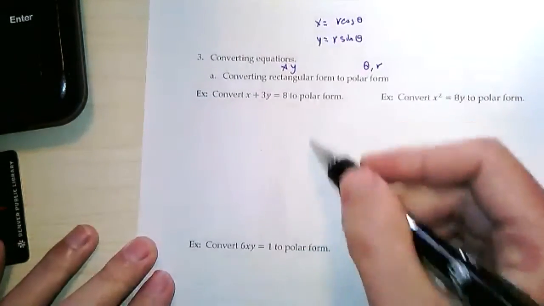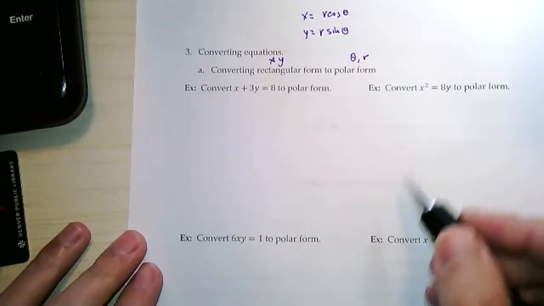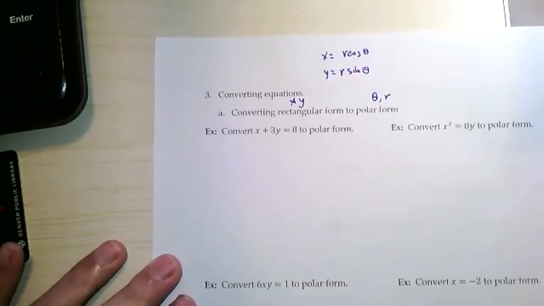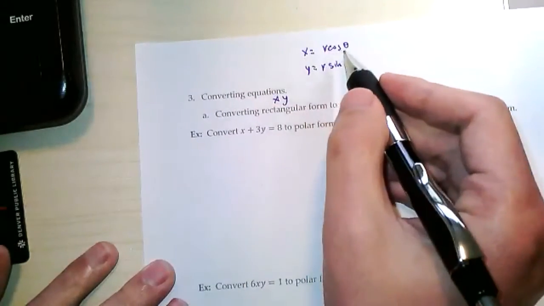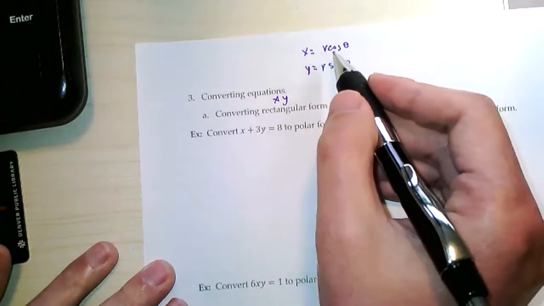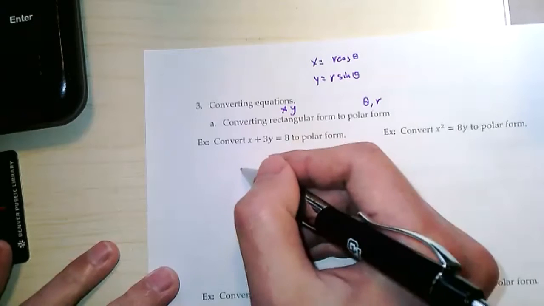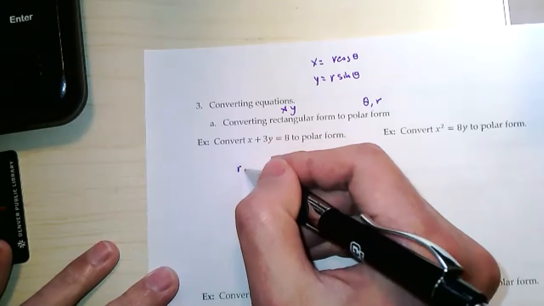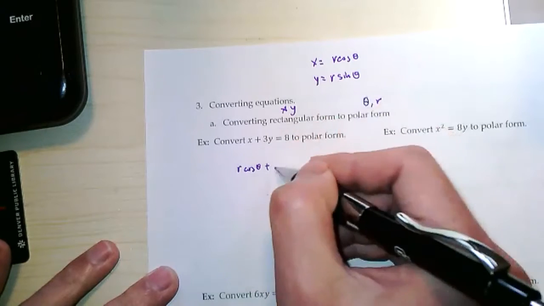I will just do 2 of them and leave the other 2 as your own exercise. So it should be pretty easy. You see, we know x is r cosine theta. So here, this x is going to be r cosine theta, y is r sine theta.